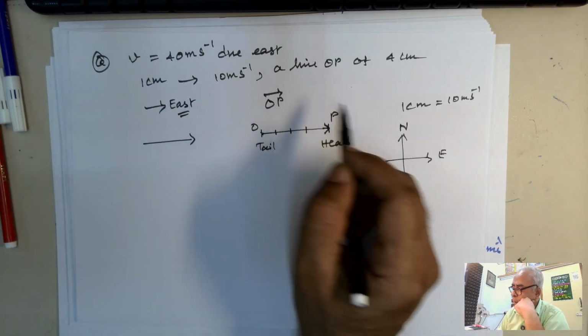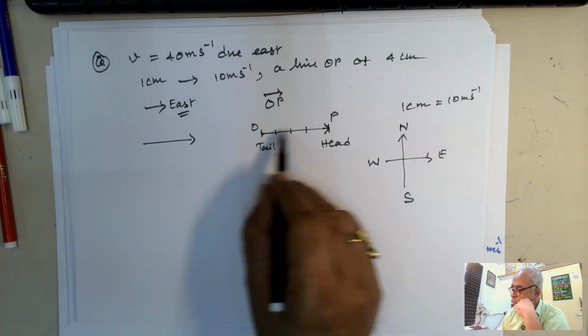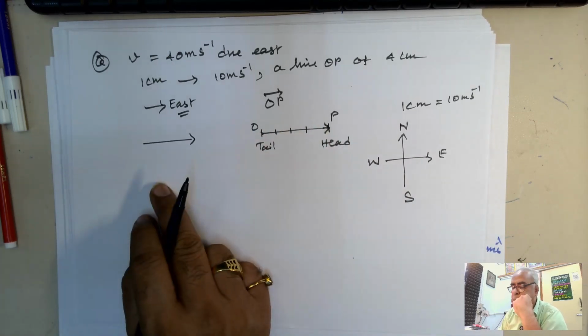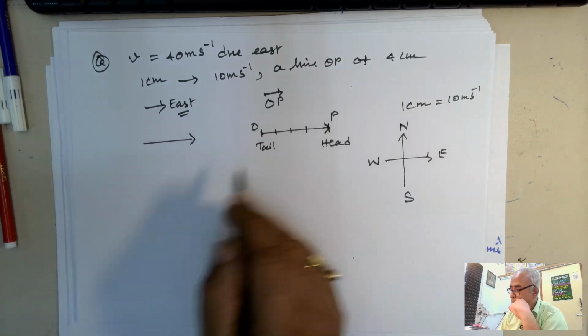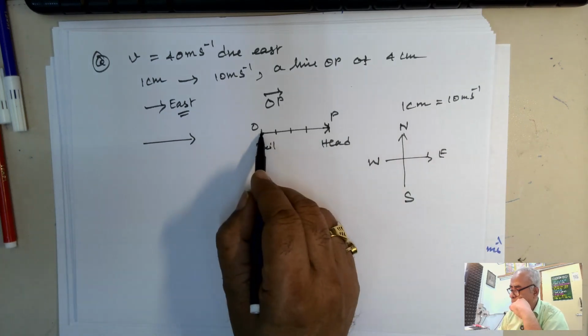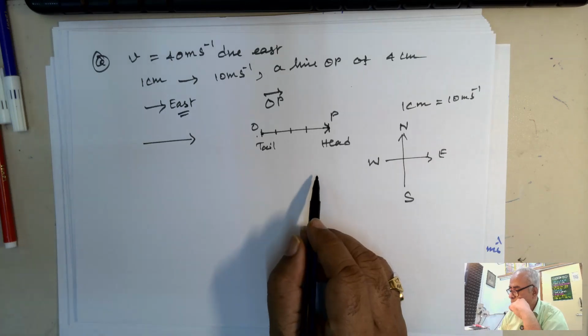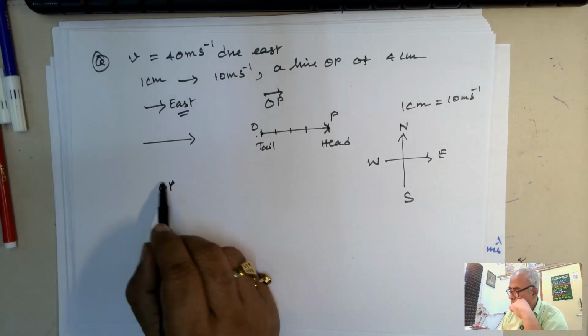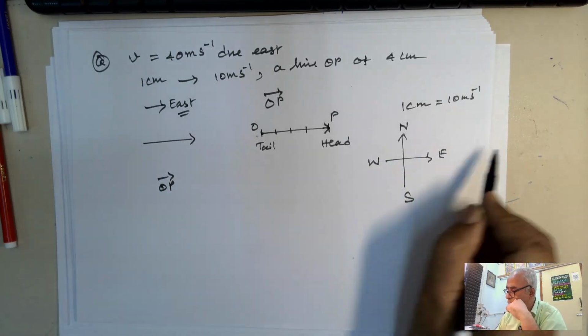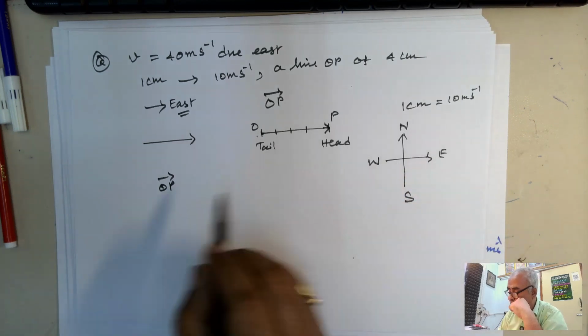So what is it indicating? The body is moving towards the east, this direction. Do you understand? Now, for example, the body is going here and it is going to take a reverse, right? So, OP means it is going towards east.